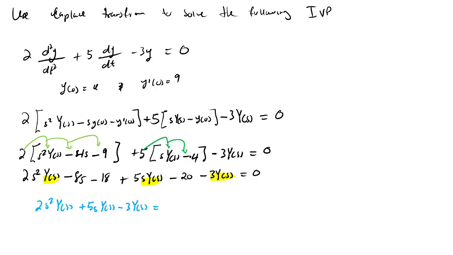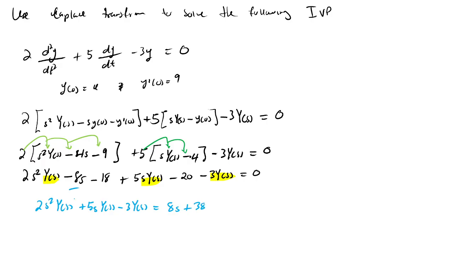So we're going to have 2s squared Y of s plus 5s Y of s minus 3 Y of s, which is equal to 8s. We transpose this negative 8s to the right-hand side, and then plus 20 plus 18. 20 plus 18 is 38, so it's basically 8s plus 38.